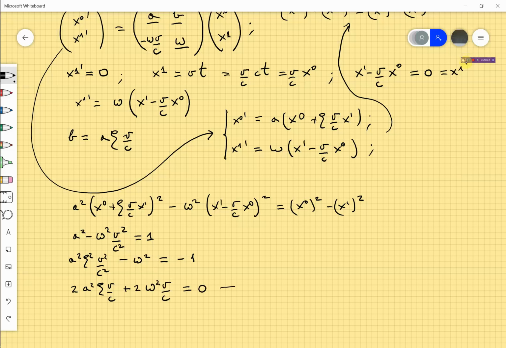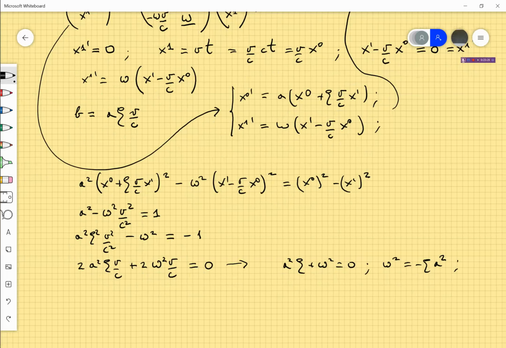We can solve this one first, and we get that this is A squared Z plus omega squared is equal to 0, and we use this to eliminate omega squared in terms of Z and A squared.